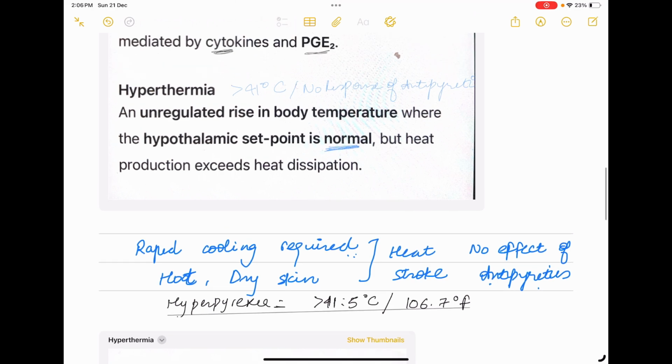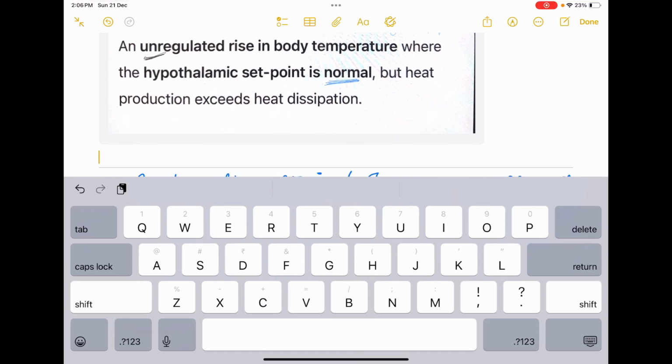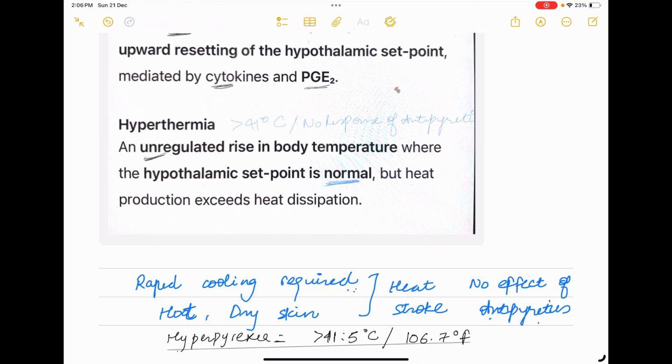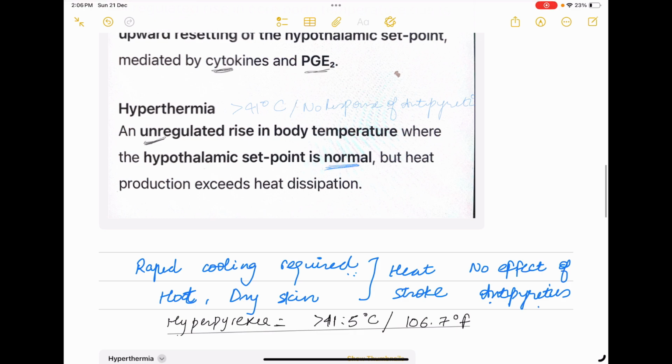Hyperthermia is unregulated. Suppose my hypothalamus is 37 only, but my body temperature rose to 41 degrees Celsius, and the hypothalamus is not doing anything. It is 37 only and body temperature is 41.